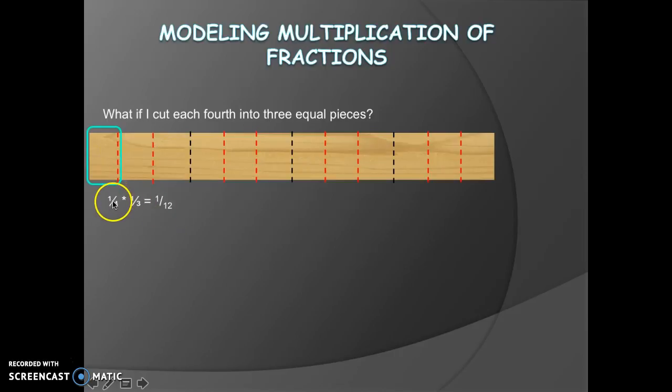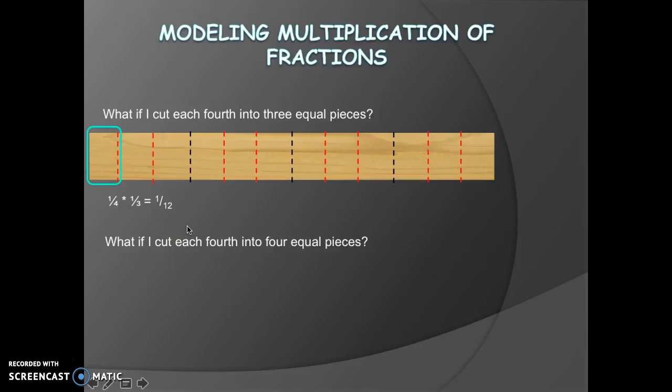Okay, so 1/4 times a third, so a third of a fourth. You can see now that we have 3, 6, 9, 12 equal pieces. So a fourth times a third, each of those pieces is going to be 1/12.